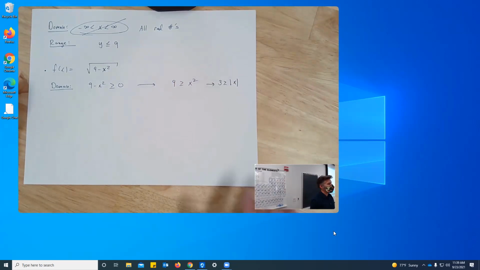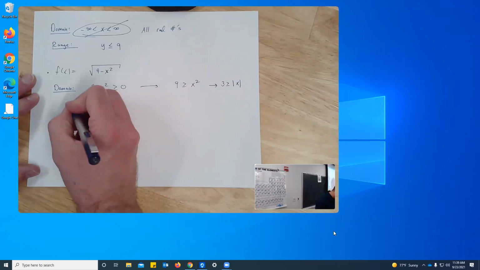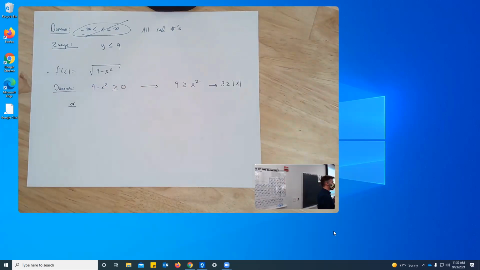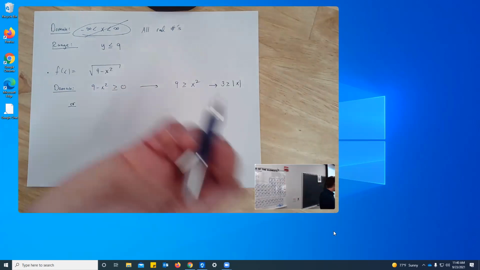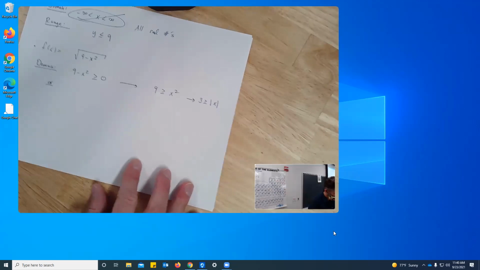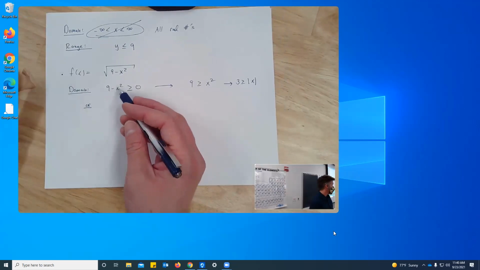You can do it this way, but it's usually preferable to do something more like this. I would always recommend, if you have a non-linear inequality, which just means you have a power of x other than 1, that it's usually best to factor.